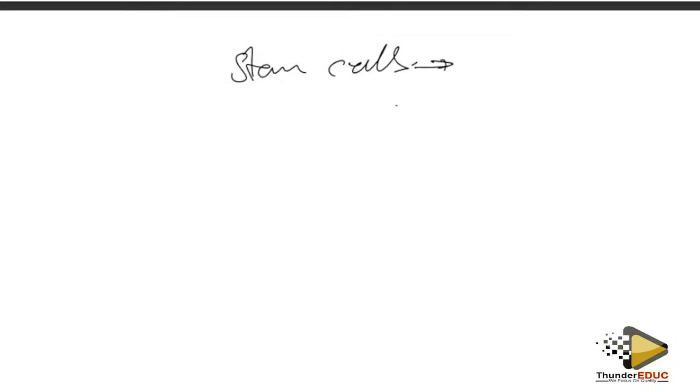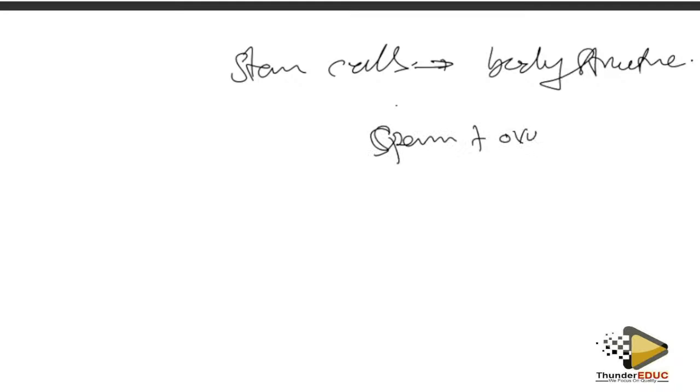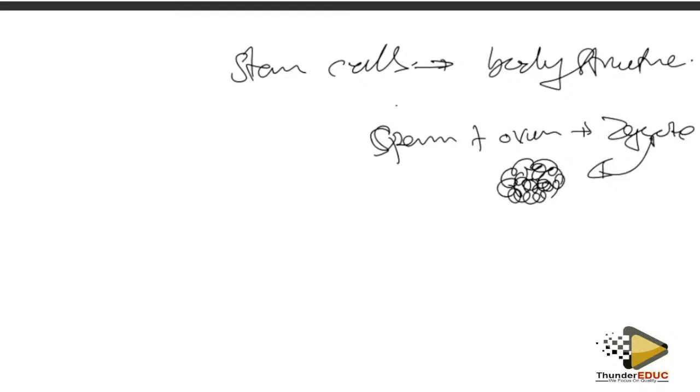Stem cells are cells which have the ability to divide to form other body structures. Imagine you are just a sperm. Sperm fused with the ovum. You formed a zygote. The zygote formed a ball of cells, which is called the morula. Morula is a stem cell, because if I ask you to show me the eye, the legs, the chest, you can't show me.